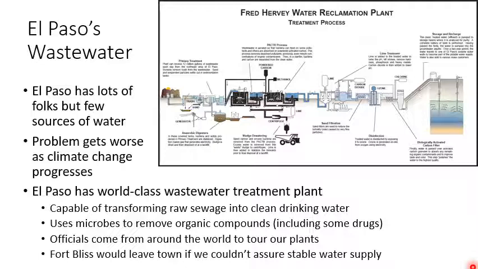That would also include things like drugs. You inevitably have some amount of prescription medication flushed into the water supply, and it can be pretty important to remove that so people aren't taking drugs that they're not trying to take. Microbes would be used to digest those things.